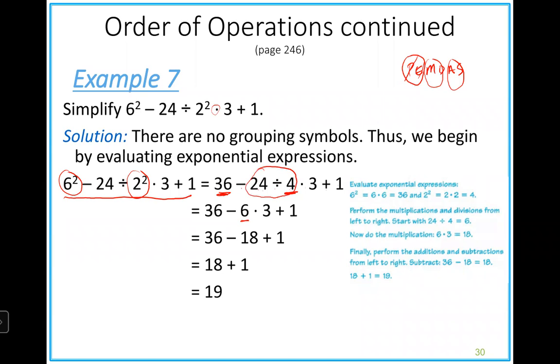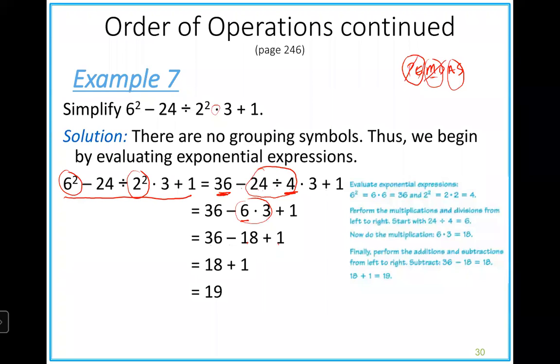All right, so 36 minus 6 times 3 plus 1. We still have the multiplication to do, so we're going to go to the next line now. We multiply this 6 times 3: 36 minus 18 plus 1. So we are finished with all the multiplication and division.